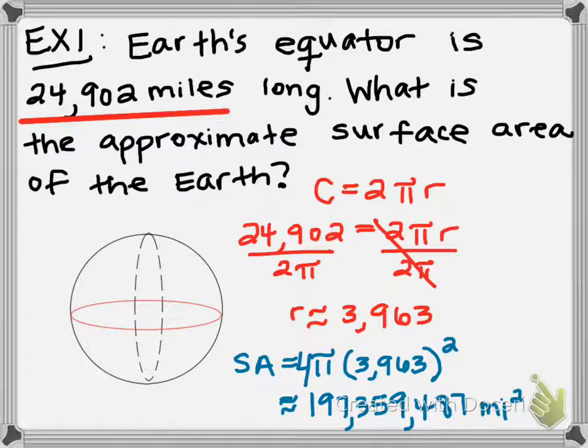So you have to square the 3,963 and then multiply it with 4 pi. And I end up with an answer of 197,359,487 square miles. So that's the approximate surface area of the Earth.